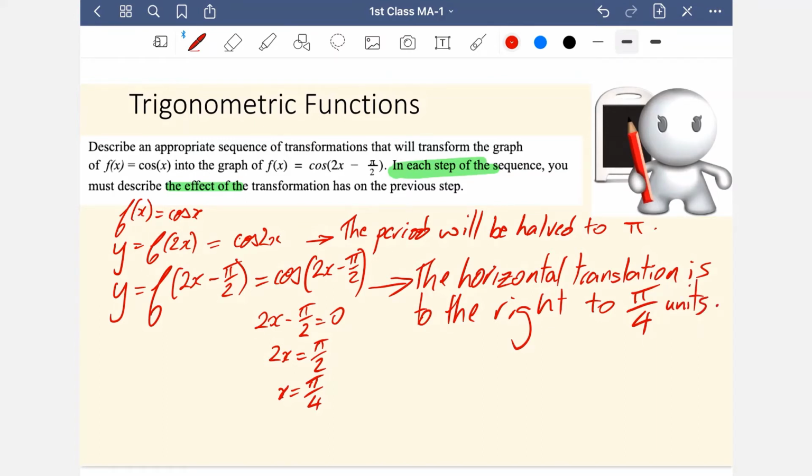So, describe an appropriate sequence of transformations that will transform the graph. In each step, you must describe the effect. I think I've done that well. The reason why I chose this as an interesting question is because a lot of people might have gotten the dilation, but then they might have made a mistake by saying that the translation is to pi on 2.